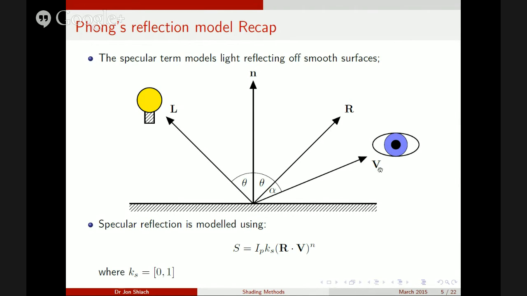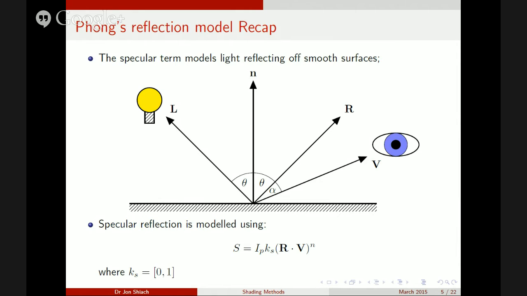If the viewer vector v is where the viewer is looking at the surface from, the closer the viewer is to r, the more light reflected from the light source they should be able to see. So this angle alpha is the angle between the reflected vector and the viewing vector. The smaller the angle alpha is, the more of the light the viewer should be able to see.